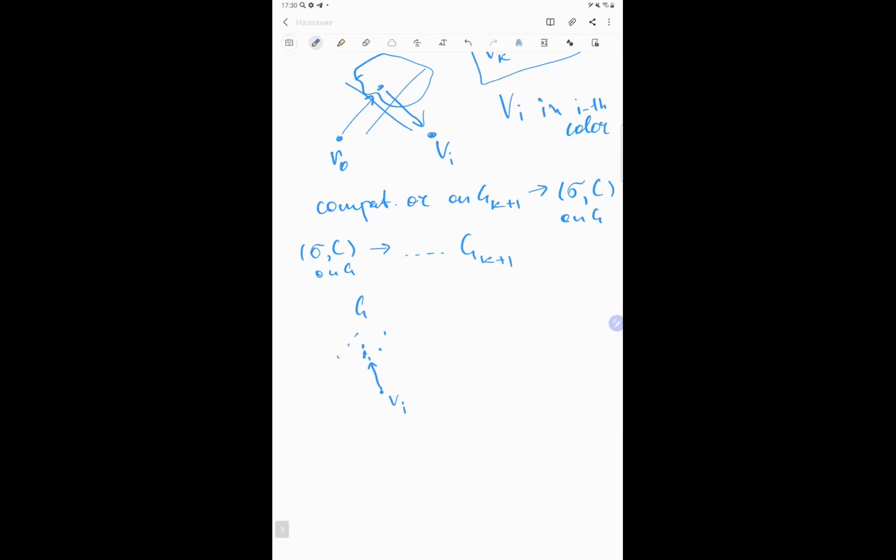We don't have sources or sinks in the interior: interior vertices cannot be either sinks or sources. So the theorem is proved. It's clear now.